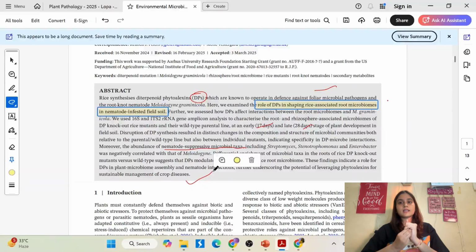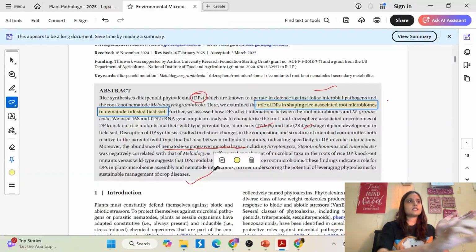Like in this case, they have reported that they are involved in antimicrobial defense. Along with it, if we are using it for the management of crop disease, the second approach that should be highlighted or studied is its impact on the beneficial microflora of the host plant in the field.